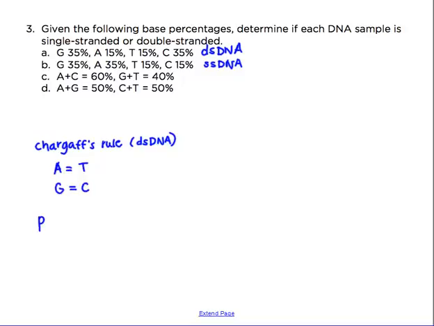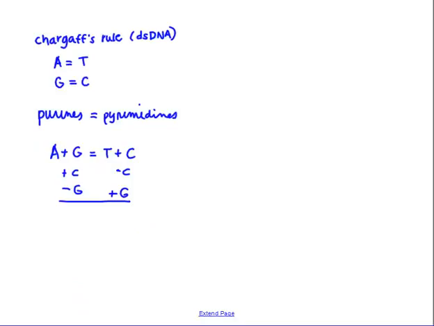So we have that the purines equals the pyrimidines, which means that A plus G equals T plus C. However, through simple algebra, if you subtract C from this side and add it to the other side, and then subtract G from this side and add it to the other side, you can see that A plus C is equal to T plus G.